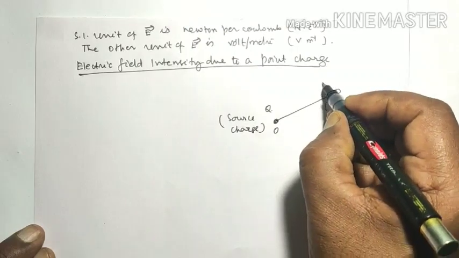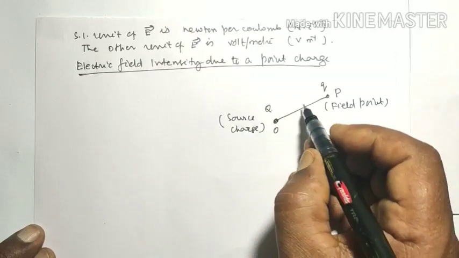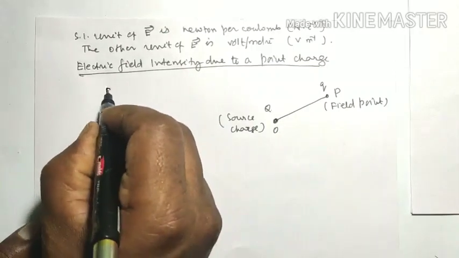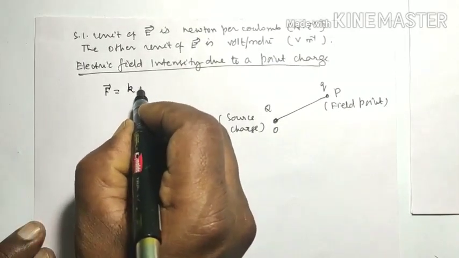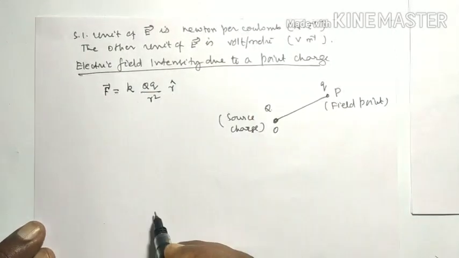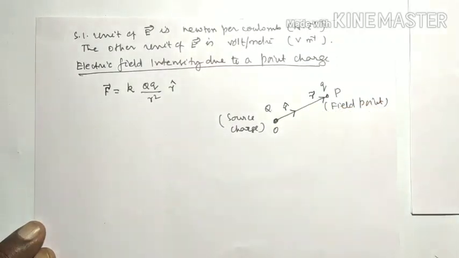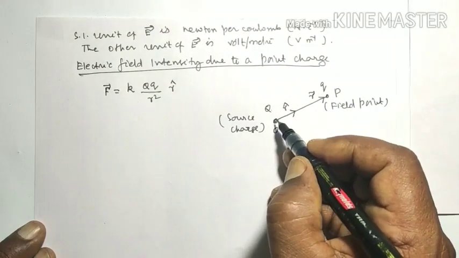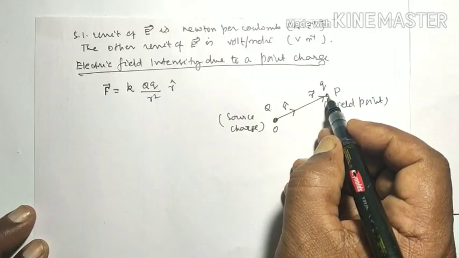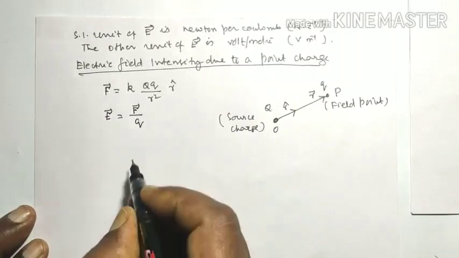So let us put a test charge q at the point P. Then according to Coulomb's law, the force exerted on small q due to source charge capital Q is F equal to k capital Q into small q divided by r square into r cap. r cap is a unit vector along r vector. r is the position vector of test charge with respect to capital Q. Now electric field intensity at the point P is given by E equal to F by q.